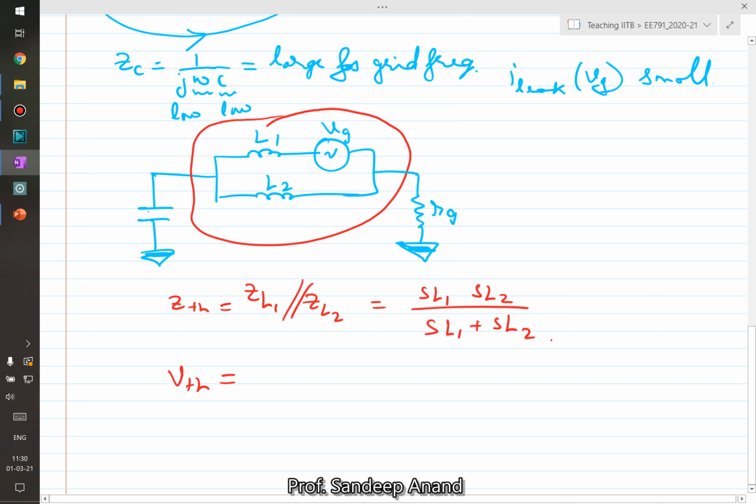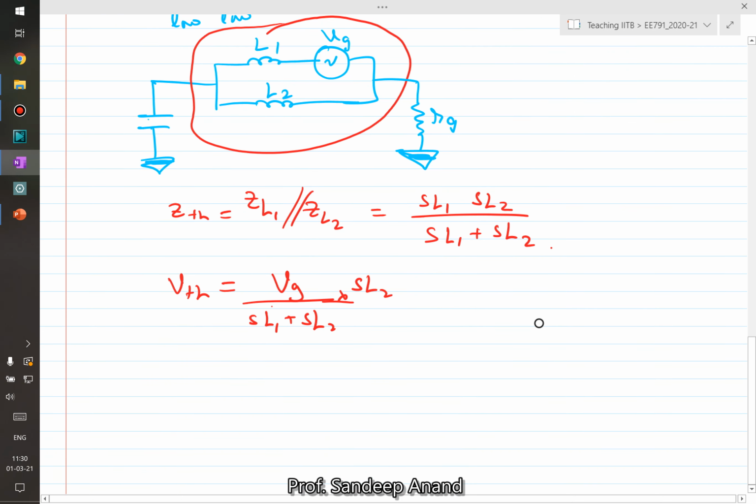The Thevenin voltage is going to be equal to VG into SL2 over SL1 plus SL2. So if I redraw this circuit, it is an inductor L1 L2 upon L1 plus L2, which is essentially the parallel combination, and a voltage source given by VG into L2 upon L1 plus L2.